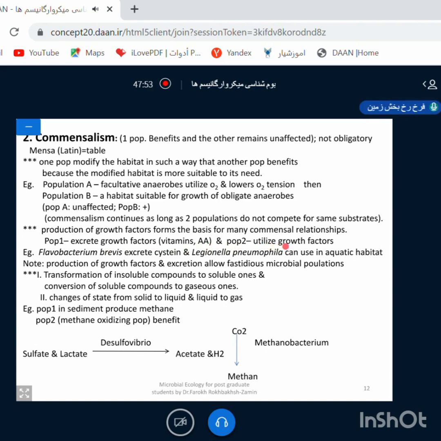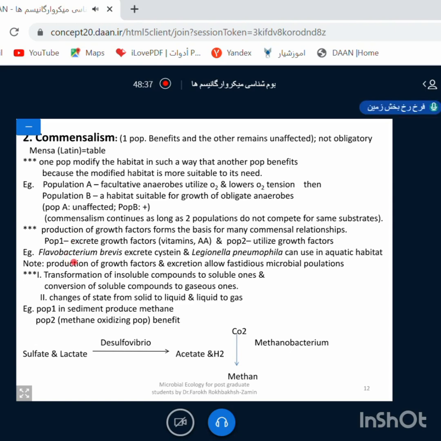Population 2 utilizes this growth factor and can grow. Whether population 2 is present or absent, population 1 does this. So it is indifferent, neutral to be with population 2. But population 2 is happy to be with population 1, because without this it cannot grow. Population 2 is dependent on vitamins and amino acids produced and excreted by this group.